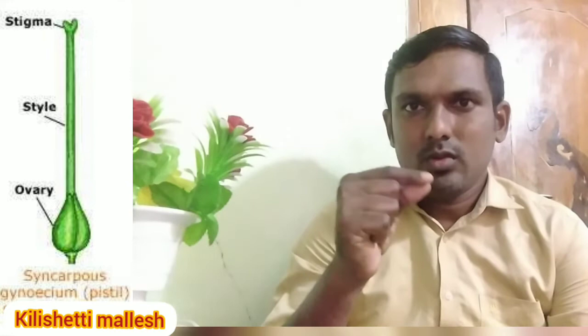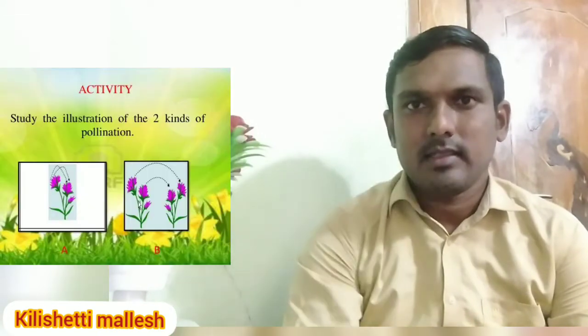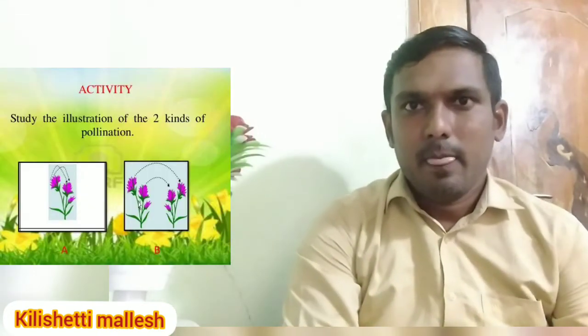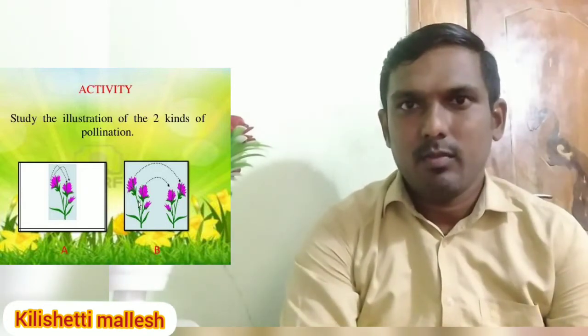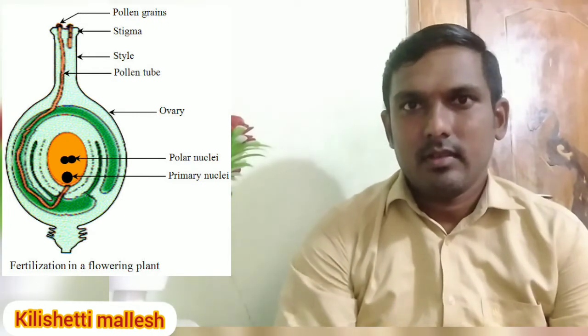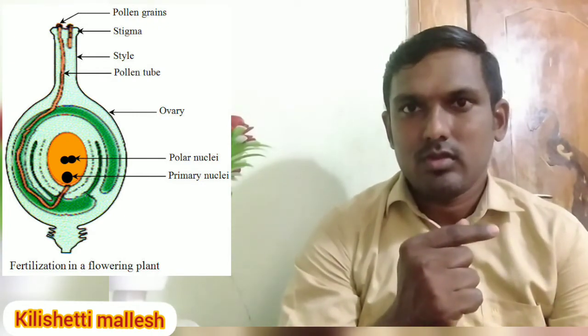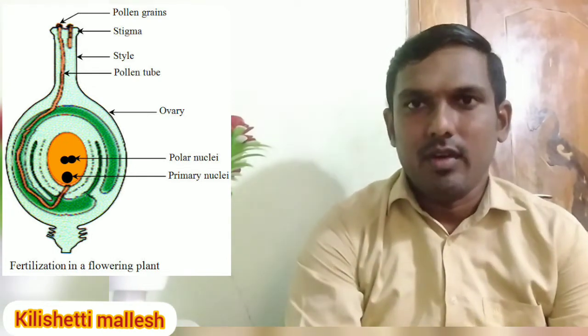When the pollen grains from the anther reach the gynoecium, the first part is the stigma. The pollen forms a tube-like structure, enters the stigma, travels through the style, and reaches the ovary.